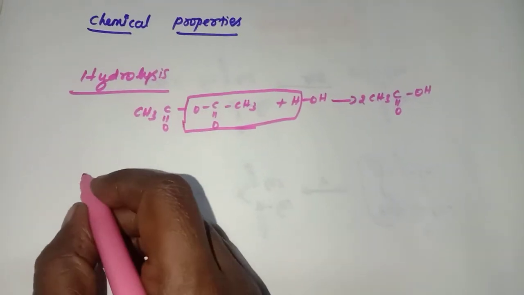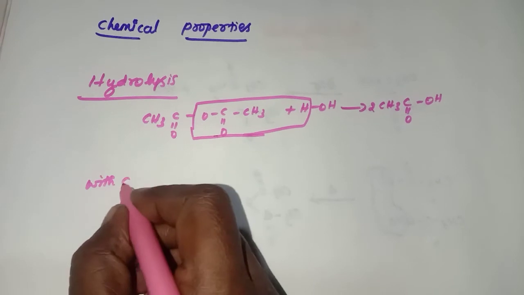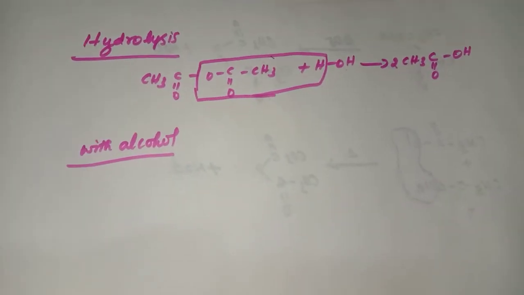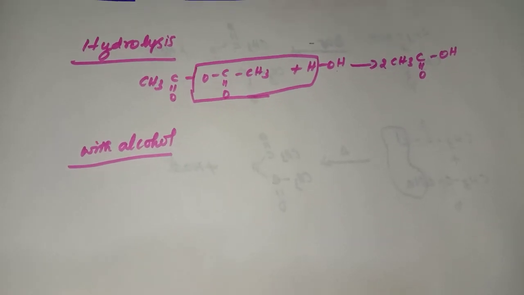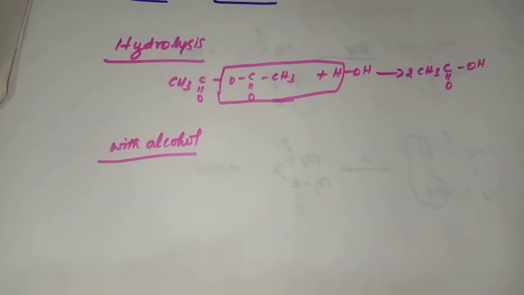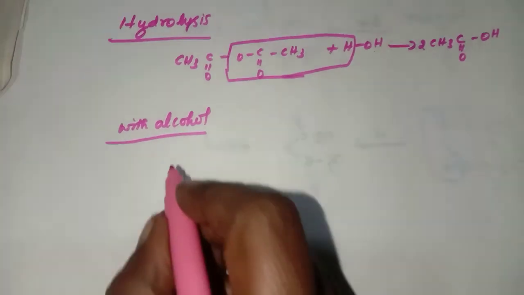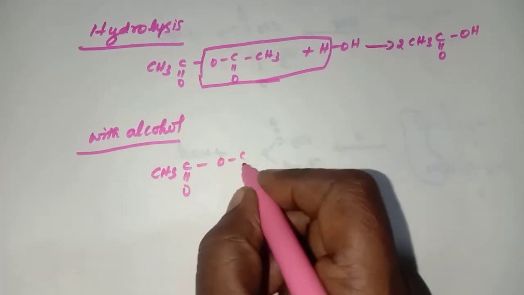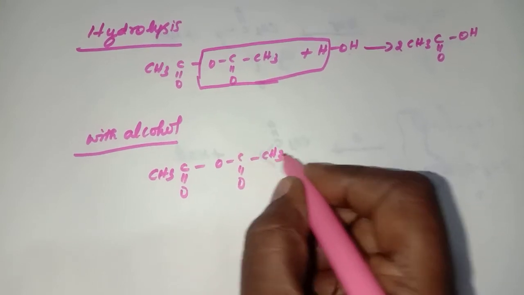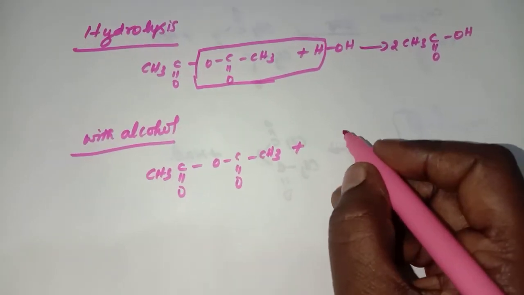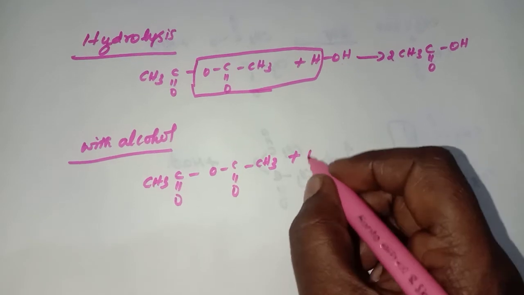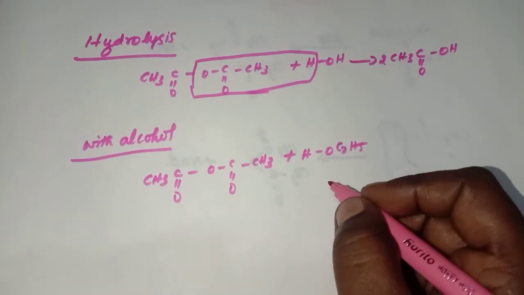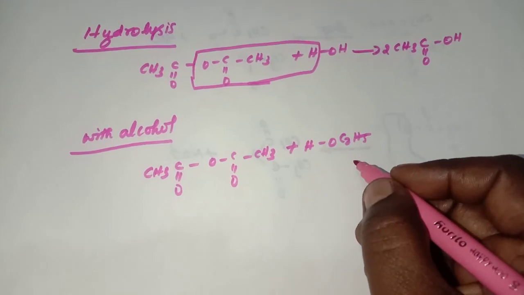Next one is reaction with alcohol. Acetic anhydride, that is CH3C=O O C=O CH3, when treated with the alcohol HOC2H5, that is ethyl alcohol, forms ethyl acetate, an ester.